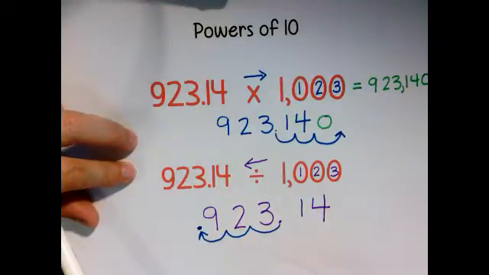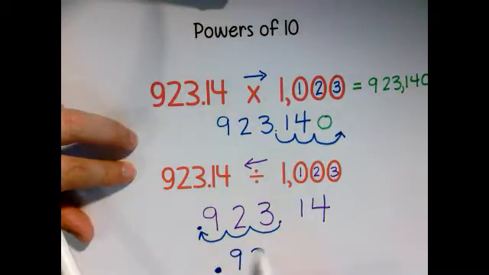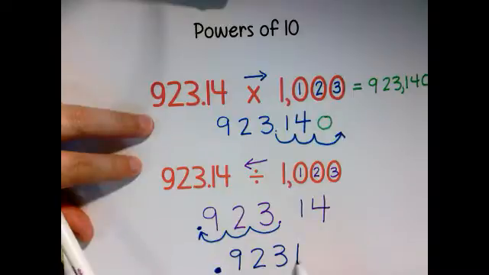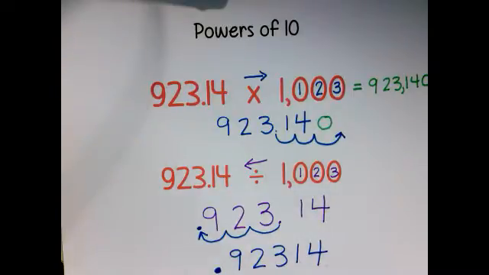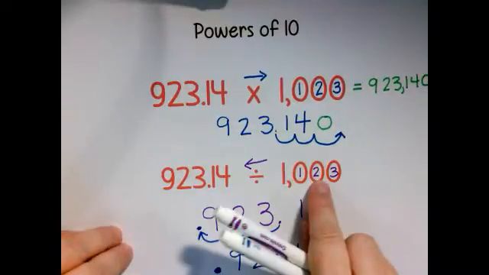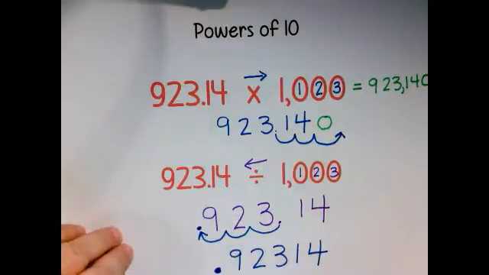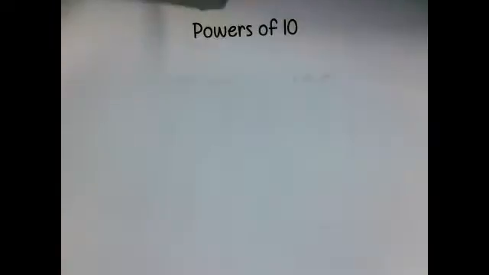That decimal is going to go right there. So now my product looks like this. So just remember, multiplication to the right, division to the left, and then be careful what power of 10 you're moving to.